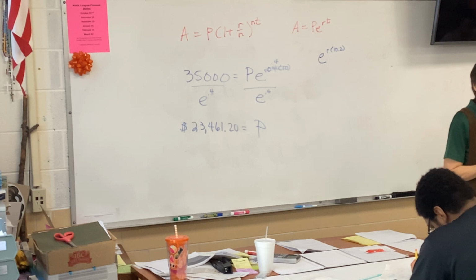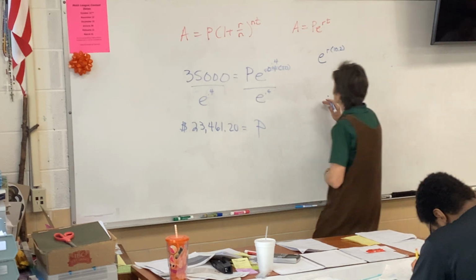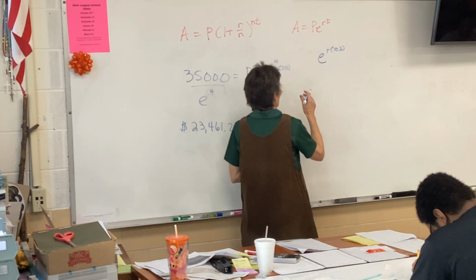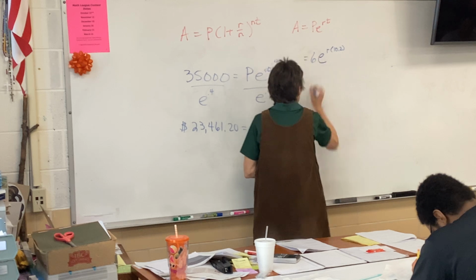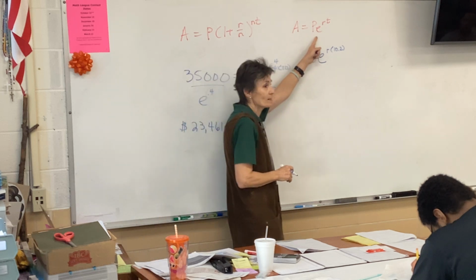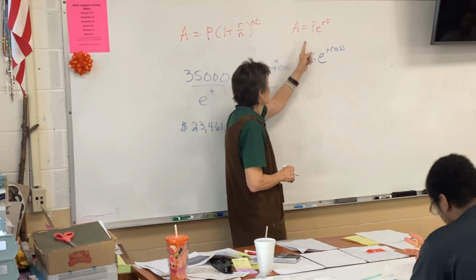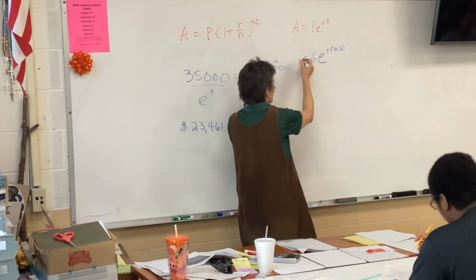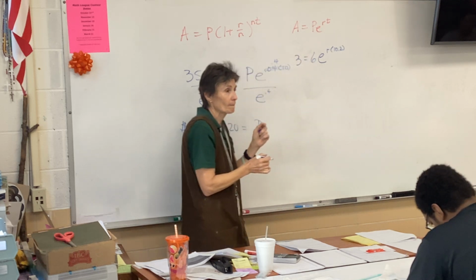So pick a number. How much do you want to start with? Doesn't matter. Actually, let's pick an even number, like 6. Because if we start with 6, we're going to end up with how much? 3.